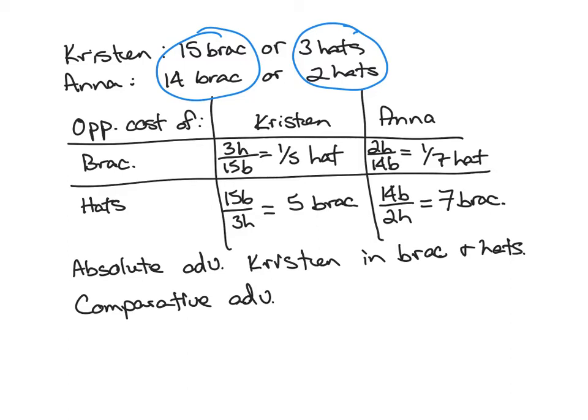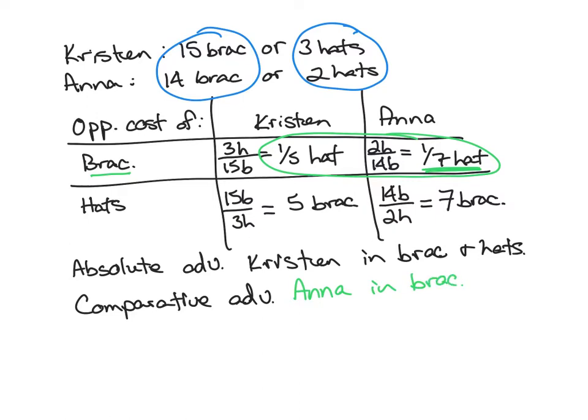So when we look at bracelets, Kristen gives up 1/5 of a hat for every bracelet she produces. Anna gives up only 1/7 of a hat. So in comparing those, we see that Anna has a lower opportunity cost of bracelets. So Anna will have the comparative advantage in bracelets.